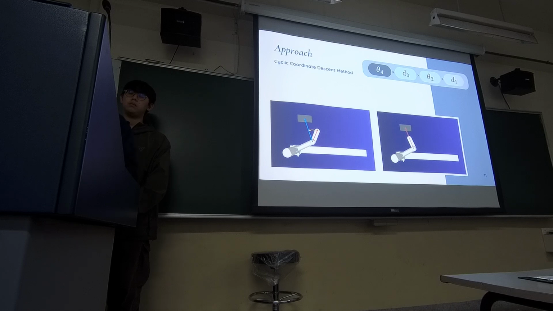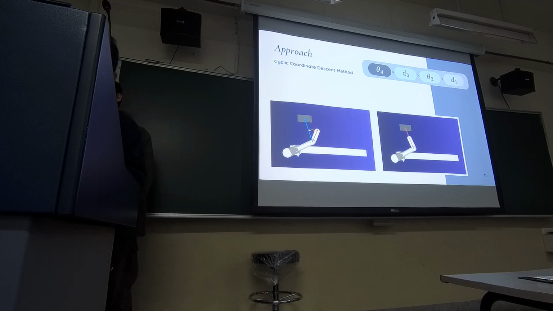According to our model, a total of 4 parameters need to be adjusted. In this loop, the first adjustment is for theta 4. When we adjust theta 4, the other parameters remain fixed. In this illustration, we can see a red vector and a blue vector.